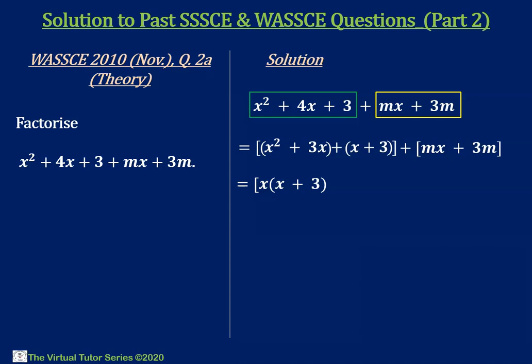Also, the common factor of x and 3 is 1. So the second group can be factorized as 1 into bracket x plus 3. Now, the second part has a common factor of m. So m can be factored out to have m into bracket x plus 3.